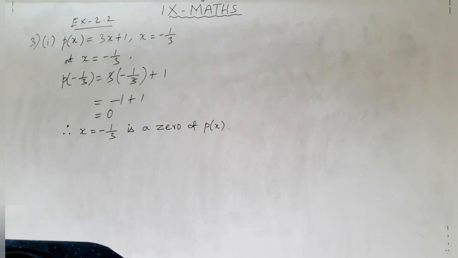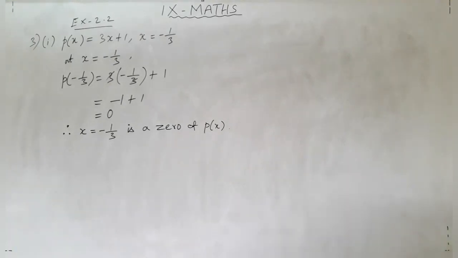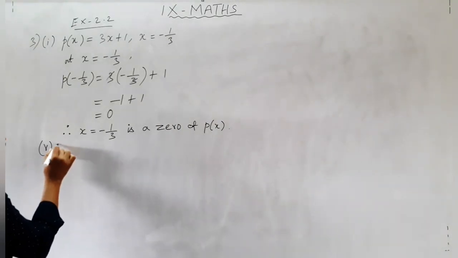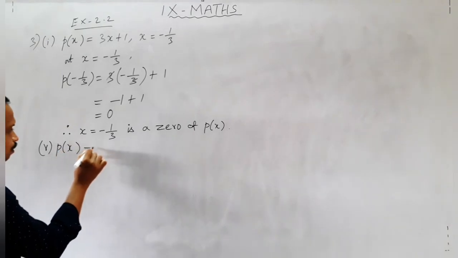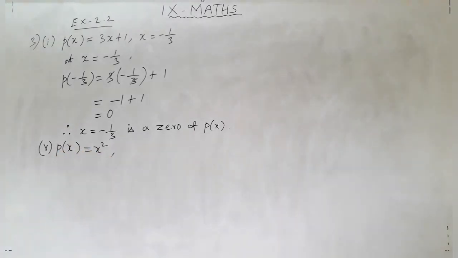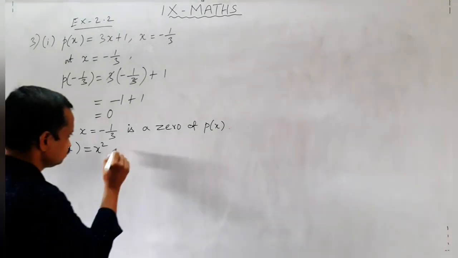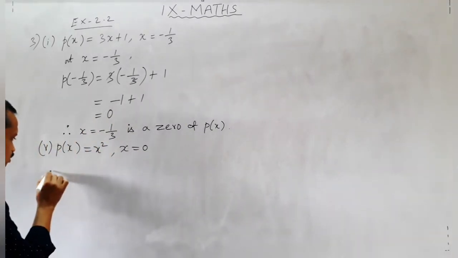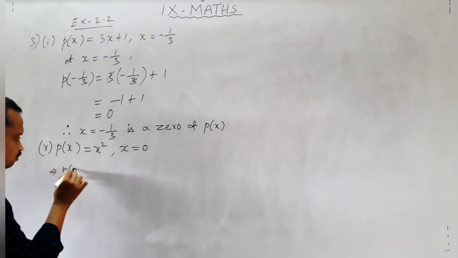Option 5. Yes, option 5. P of x equal to x square. X square is given, and the value indicated against them is x equal to 0. So x equal to 0 means this implies P of 0.